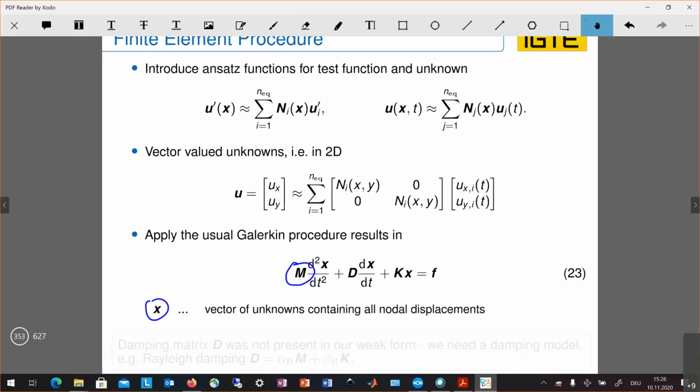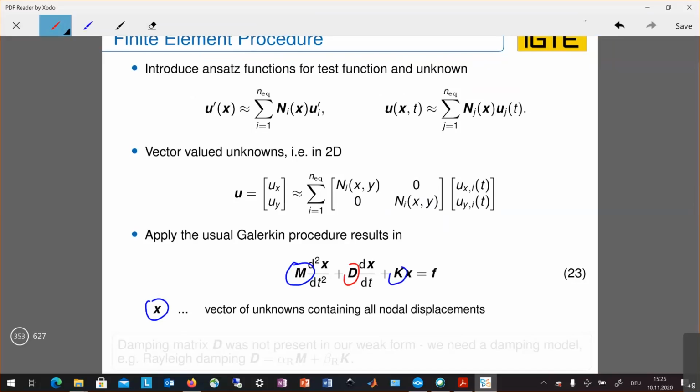The material parameter entering the mass matrix is exactly the density. We have the stiffness matrix K, and in addition, what we have added here, and had not before, is the so-called damping matrix, which is multiplied by the time derivative of the mechanical displacement, so by the velocities.